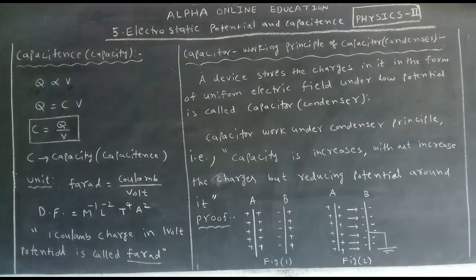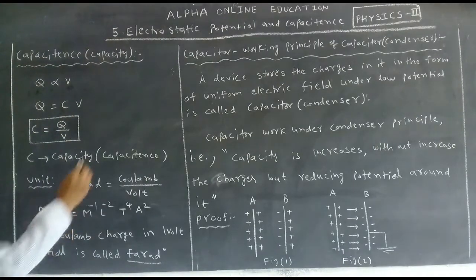But how can we define the capacity? Charge per unit potential is called capacity, or capacitance. What is the definition of capacity?